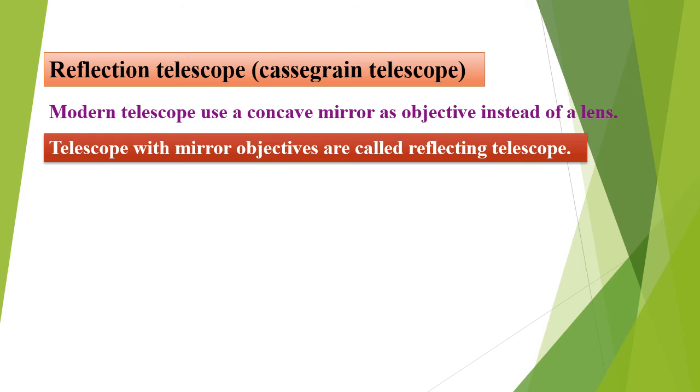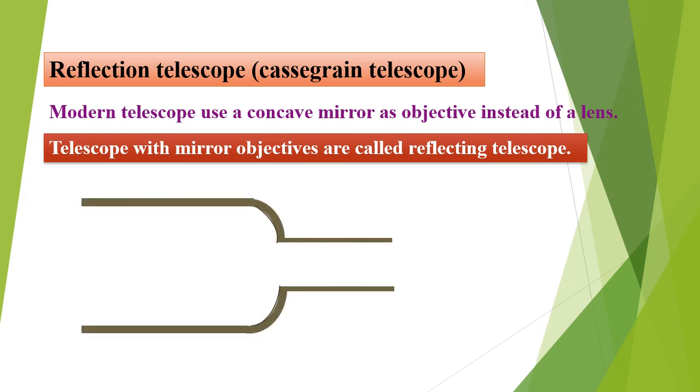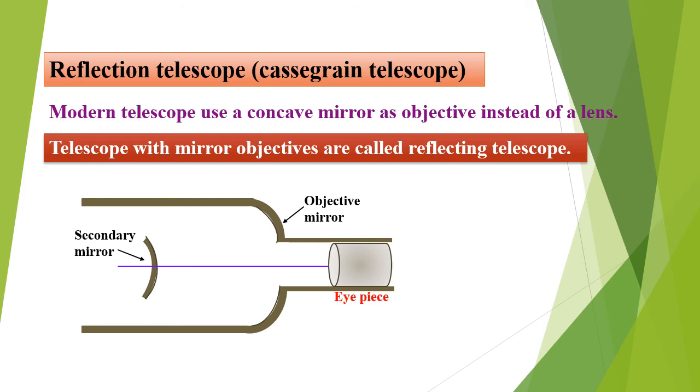Telescopes with mirror objectives are called reflecting telescopes. Now this is a schematic diagram of the Cassegrain telescope. This is the objective mirror which reflects the light. Basically there is a convex mirror, a secondary mirror we can say. This is the eyepiece through which we are seeing. The rays enter from the aperture and are incident on the objective mirror.